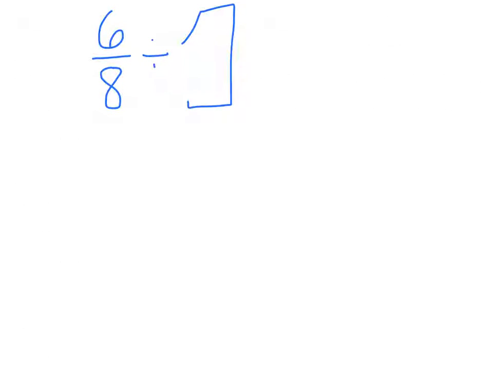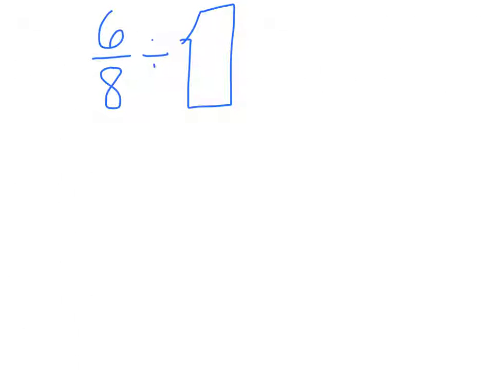Now let's take a quick look at exactly how we figure what we're going to reduce it by. If I were to say 6/8, well, I'm going to ask myself, what is the number that will go into both 6 and 8? Well, 1 doesn't count because that sends them in and comes out exactly the same, 1/1.